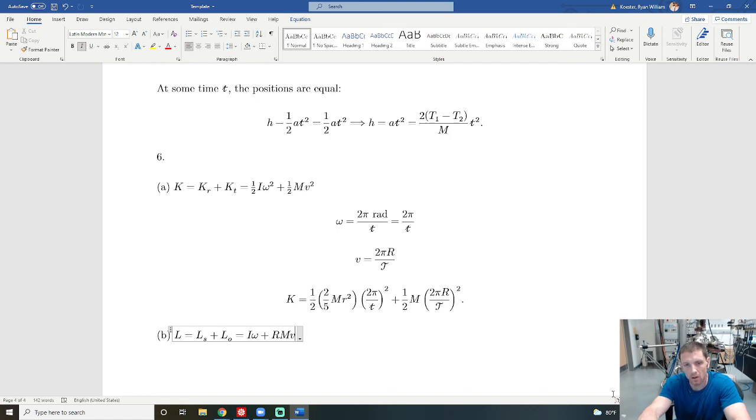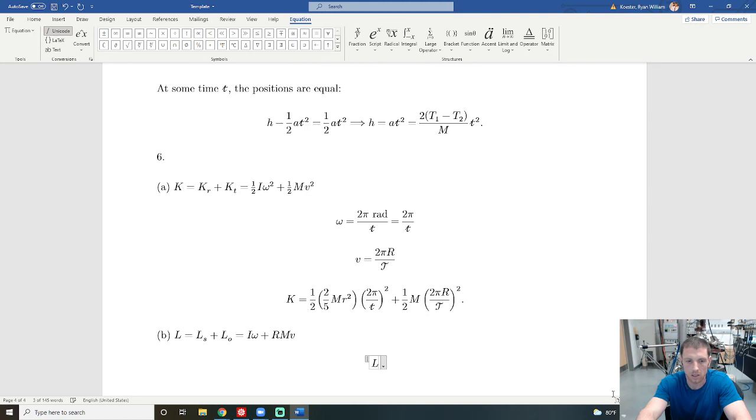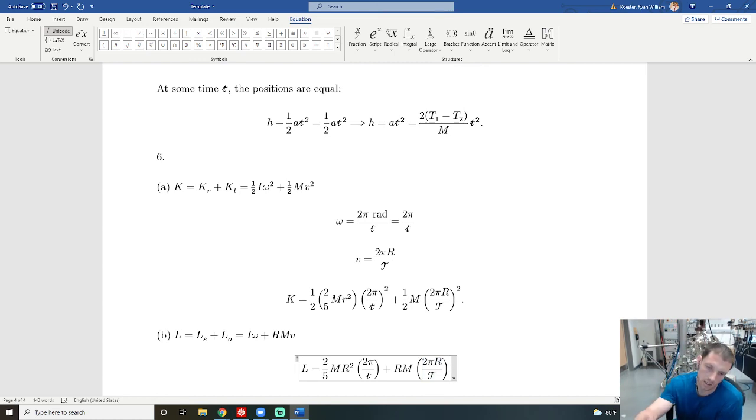And all that's left to do is plug in everything. So we said the moment of inertia was 2/5 big M, big R squared, and omega was 2 pi over little t, and then big R, big M, and then we said that V was 2 pi big R over big T. And then you would want to go through and clean this up as much as you can algebraically, but this is what you should find for the total angular momentum of the Earth.